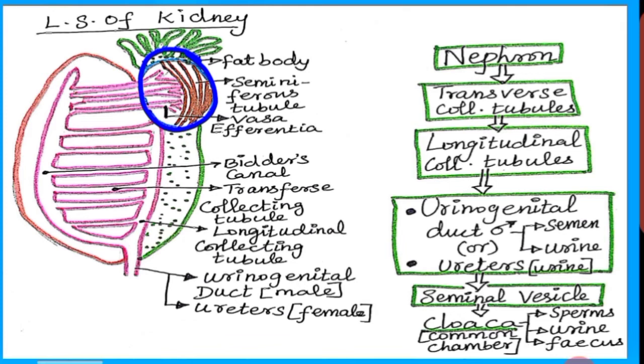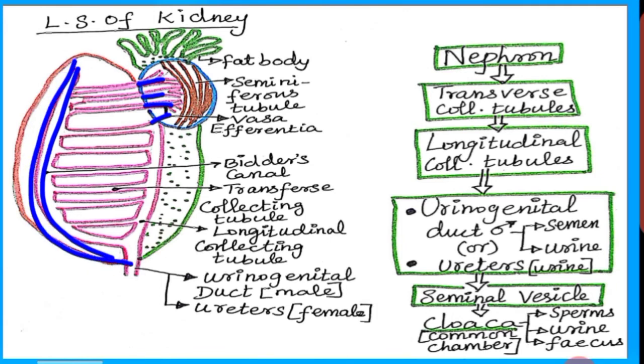Sperm is collected by minute tubules called vasa efferentia. These are vasa efferentia. The vasa efferentia open into Bidder's canal. This is actually Bidder's canal, right?